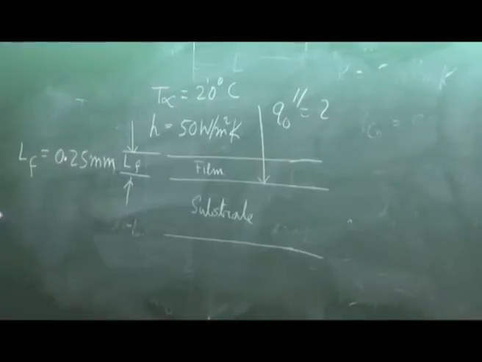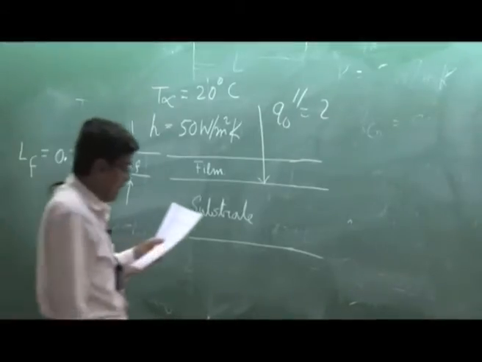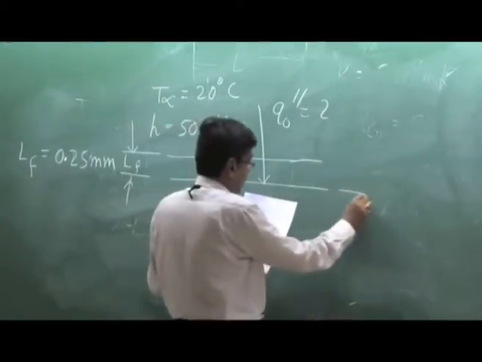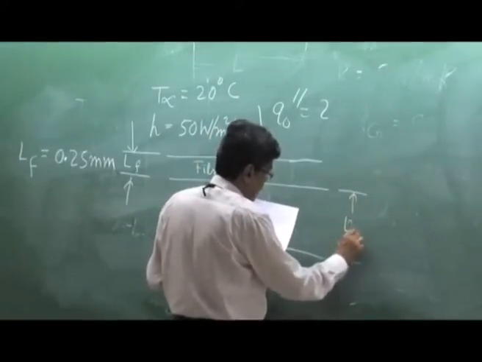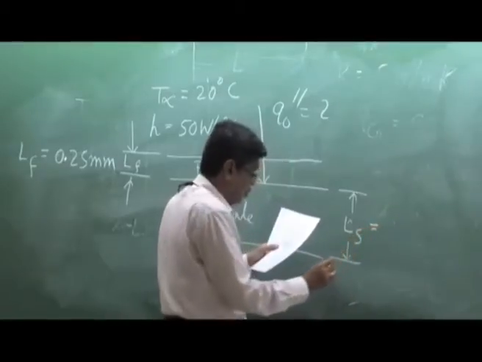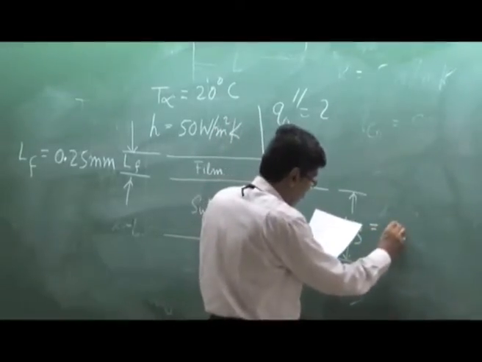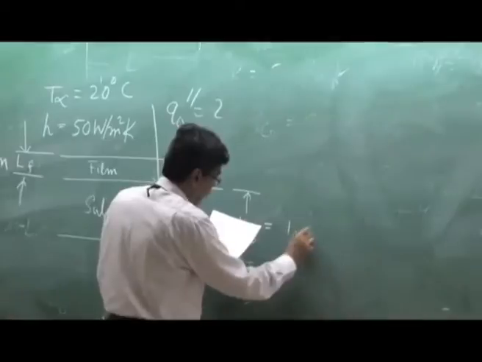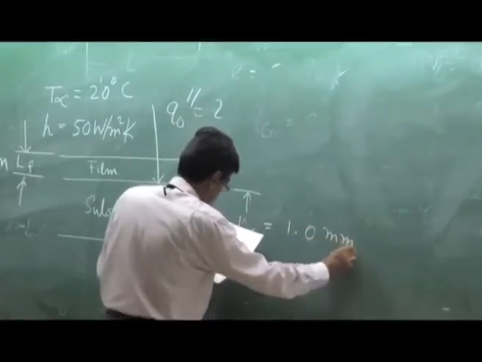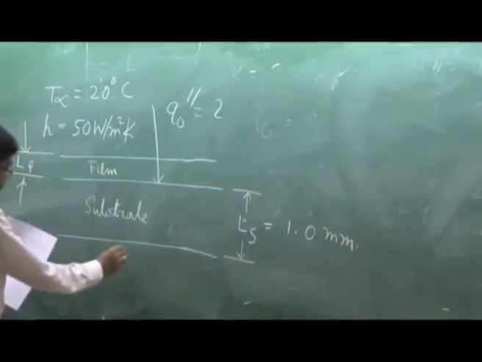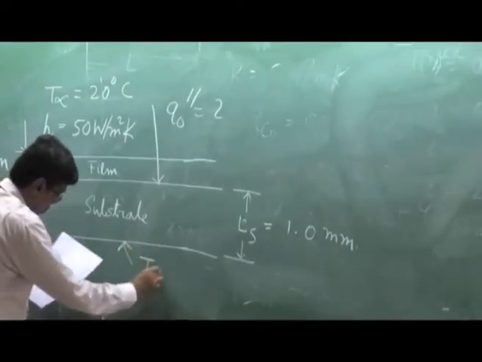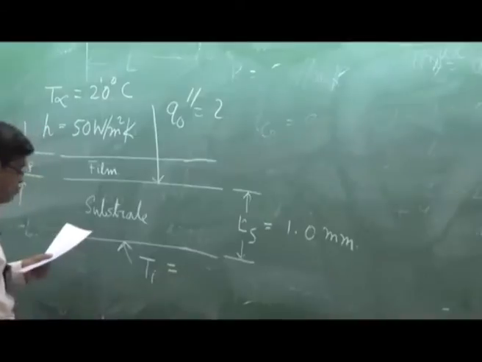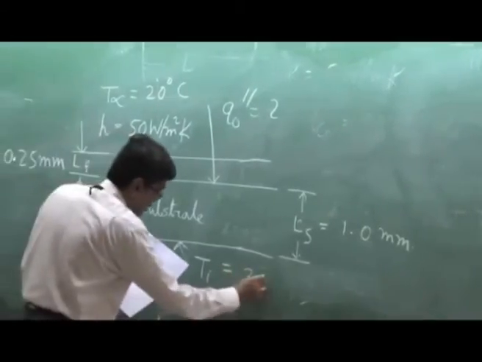Now the substrate length LS, length of the substrate, equals 1.0 millimeter. This surface is kept at Ti, which is equal to 30 degrees Celsius.